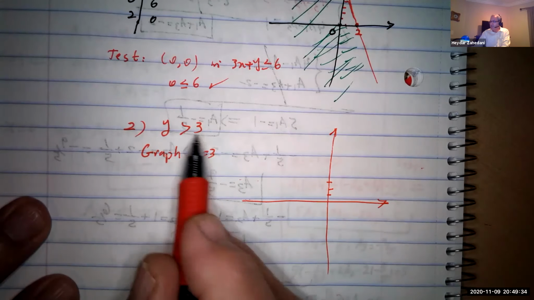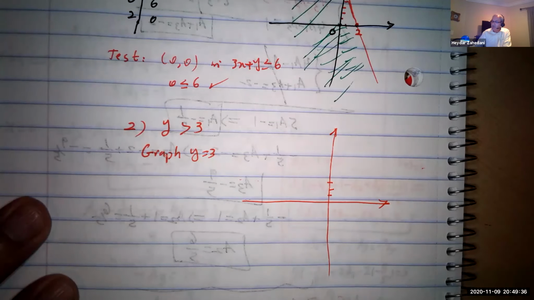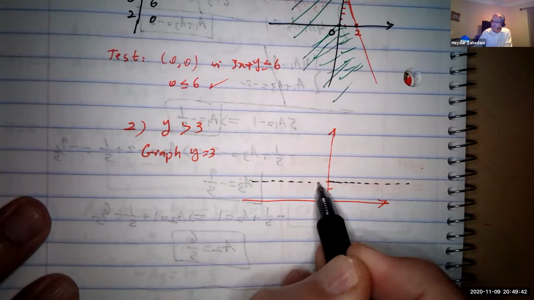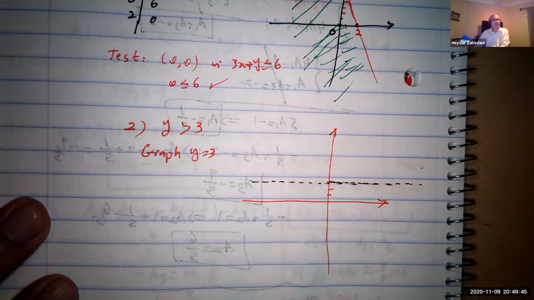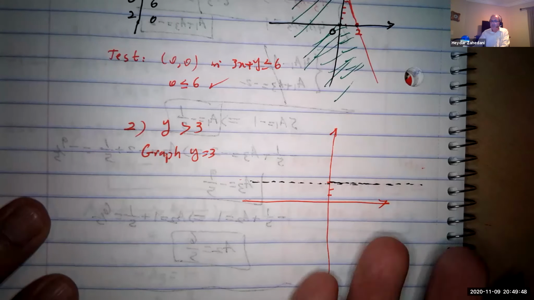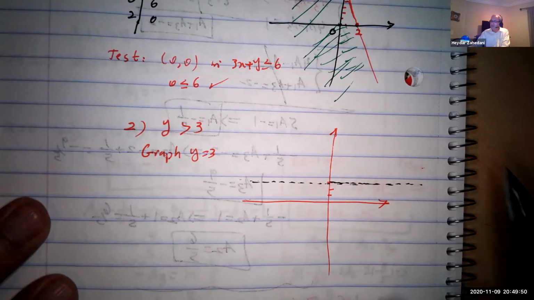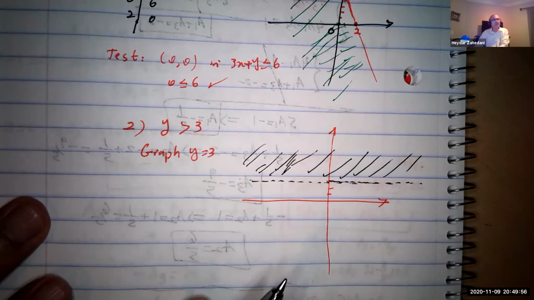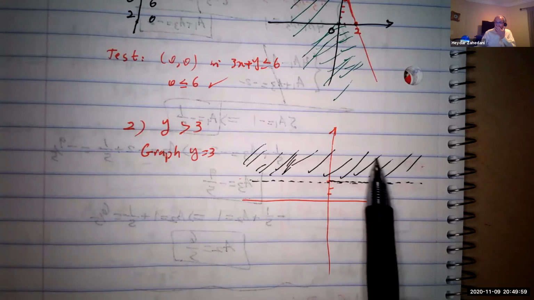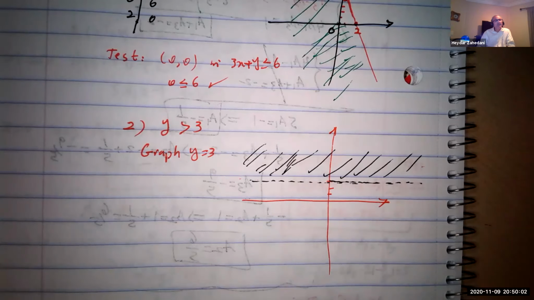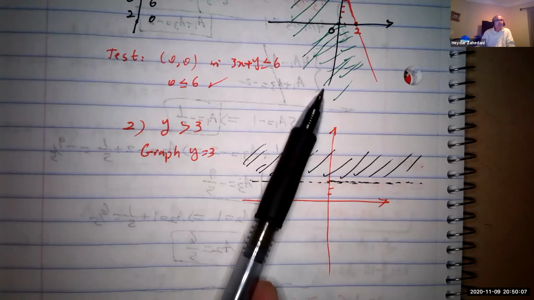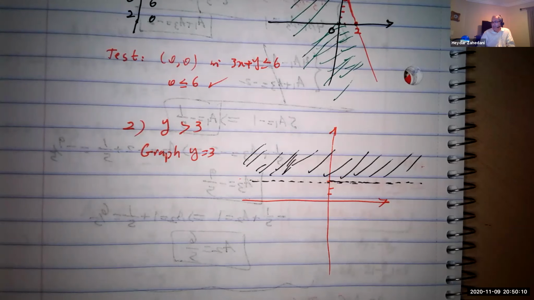Since there is no equality sign, this line must be a dotted line, to identify that this is not going to be part of your graph. And of course, greater than means you go up, less than you go down. So in this case, this is going to be the solution region, if you like. Any point on the top in this area is going to be a solution of your inequality. You know, y equals 5, 6, 7, 8, 9 are all in the region. Okay, so this is the next one. Any question?